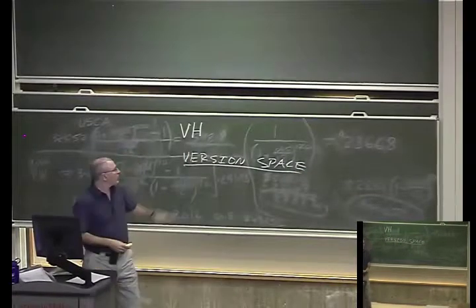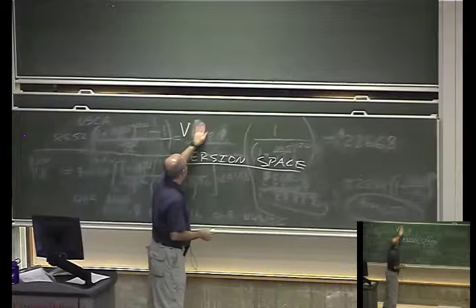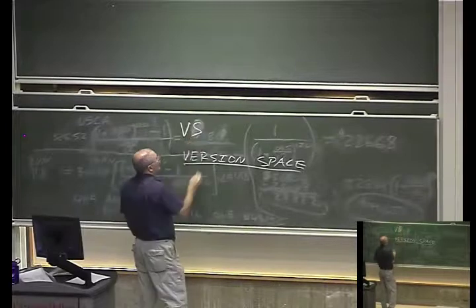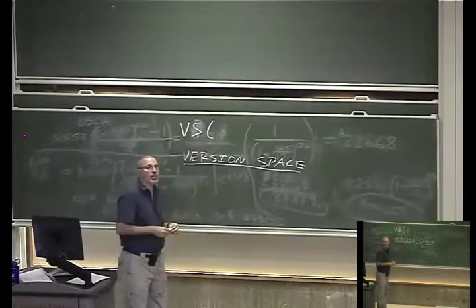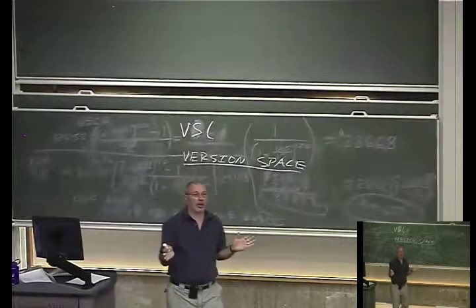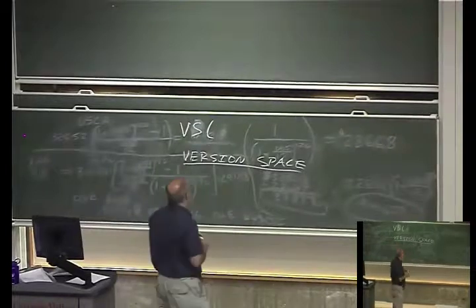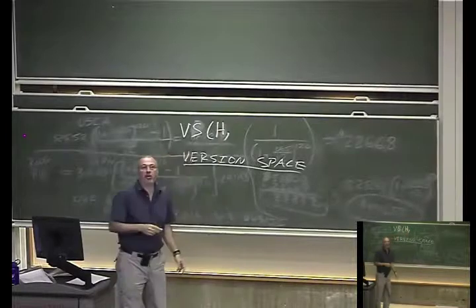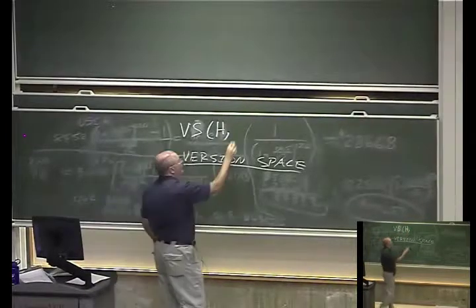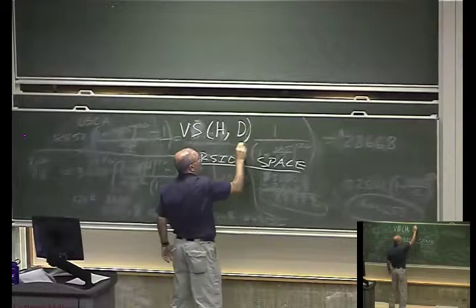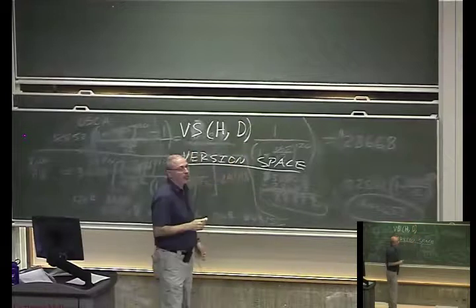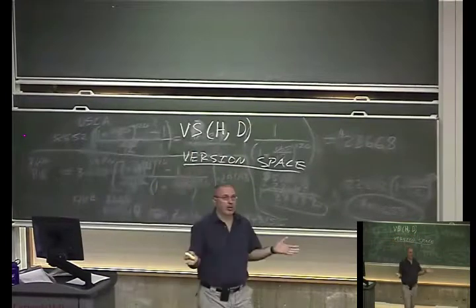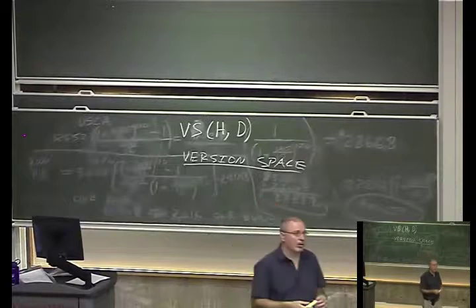A version space, I don't know why I put H here, it should be S, is a function of two things. It's a function of the hypothesis space you started with and the data you've seen so far. So you can think about it as a function of two arguments.